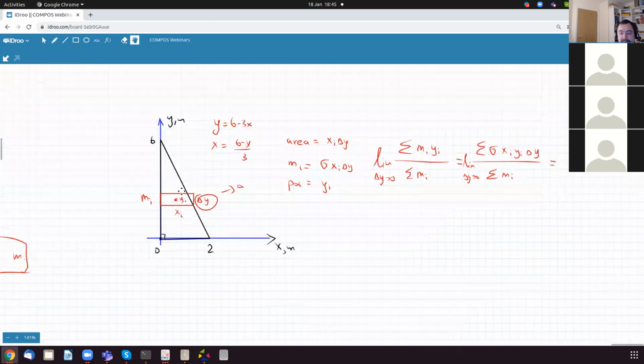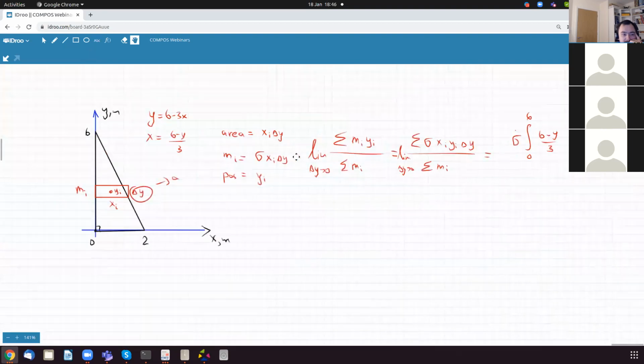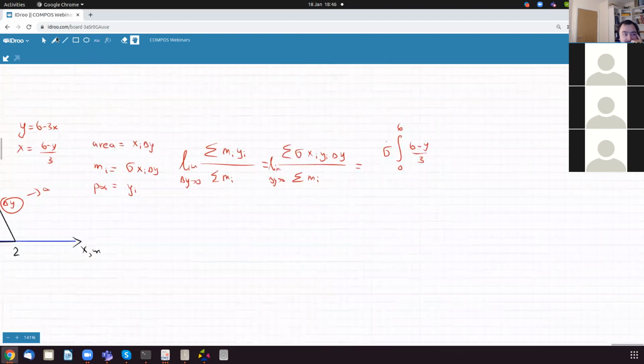And we plug that into here. So 6 minus y divided by 3, times y dy. Now the integral is in terms of y.